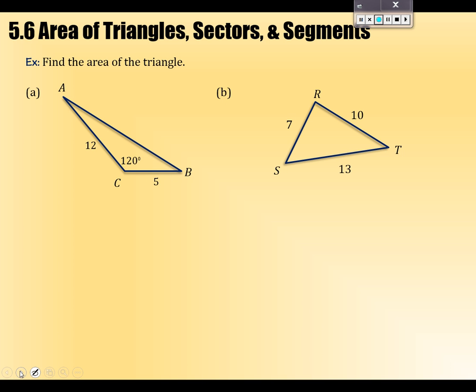Just to show that you can do it. You're not supposed to use a calculator. Yes, you can do it without a calculator.